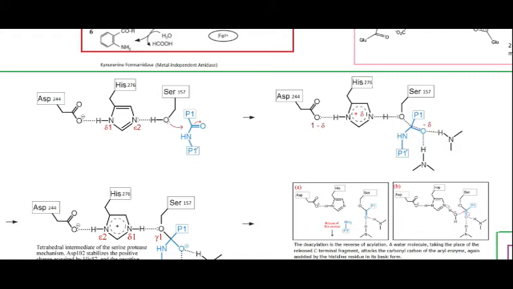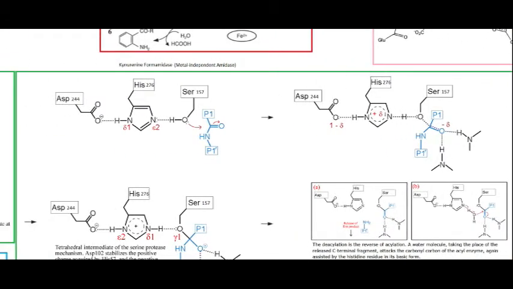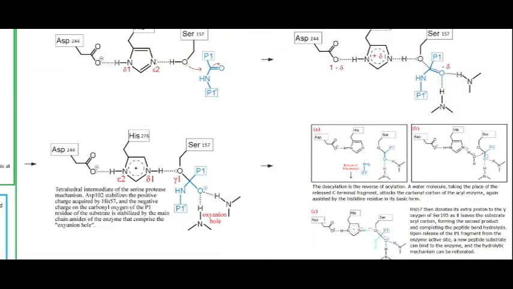We can see here they have just sort of a general peptide bond. And in this case, we have the aspartate 244 sort of holding the histidine in place. The histidine 276, which deprotonates the serine, which can then attack this partial positive carbon here, and we end up with this covalent intermediate here. And so from there we end up with this tetrahedral intermediate right here, where it's bound to both the serine and this oxygen right here.